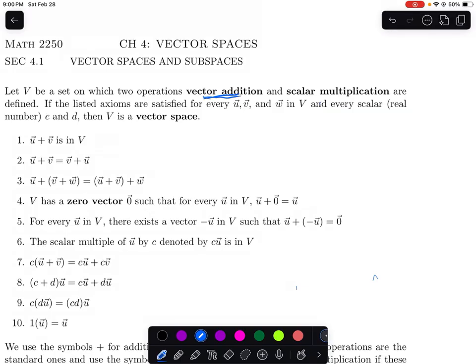And on top of that, the vectors in that set must satisfy these 10 axioms or 10 rules. If the set does that, then it will be a vector space.